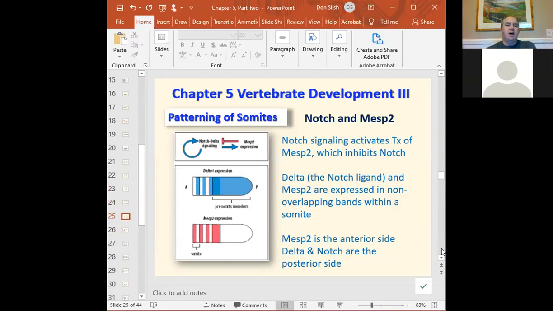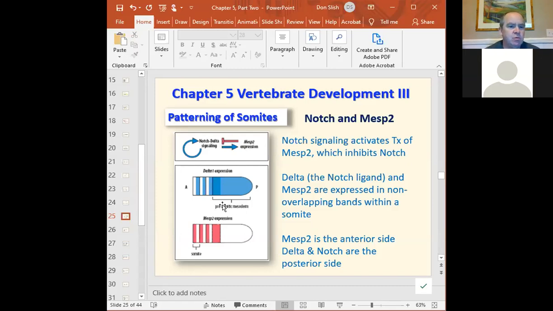Okay, so now we look at patterning inside each individual somite. So you've got the overall anterior posterior patterning, and within each somite, you've got an anterior and a posterior side. And that's set up by Notch signaling. Notch and Delta come together to activate MESP2, and MESP2 blocks Notch. We saw that earlier with the clock situation.